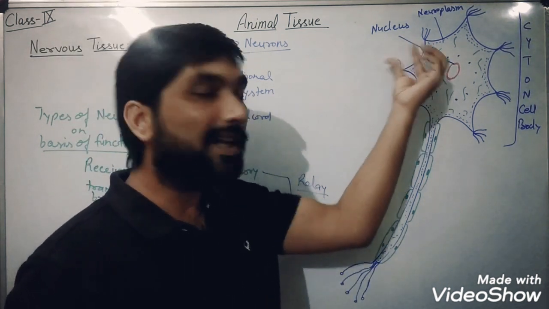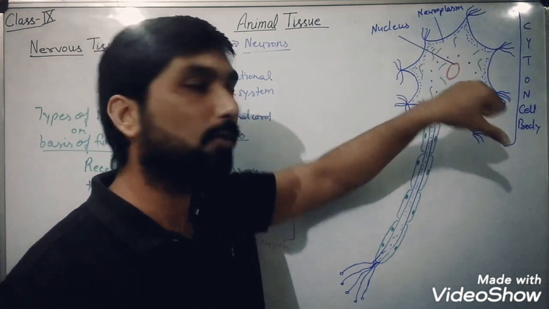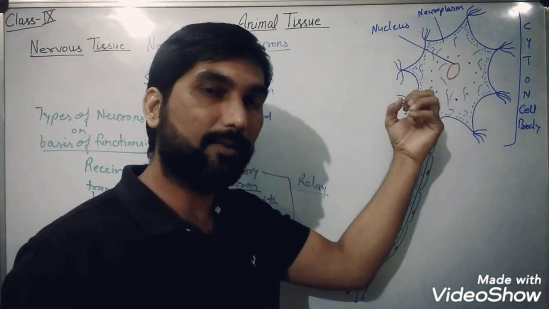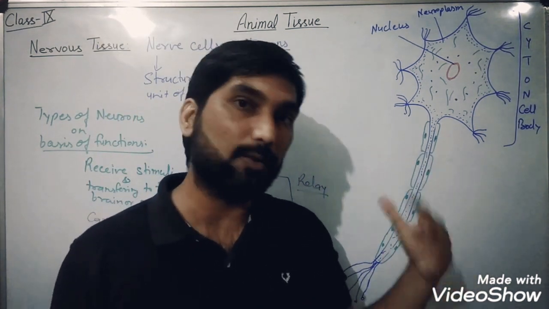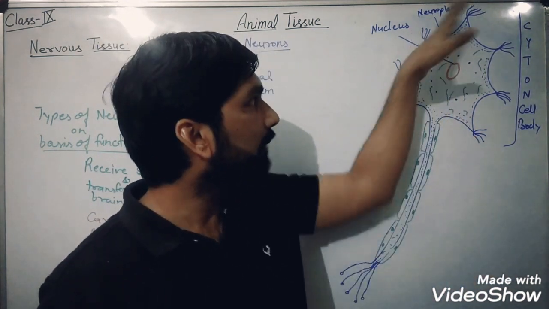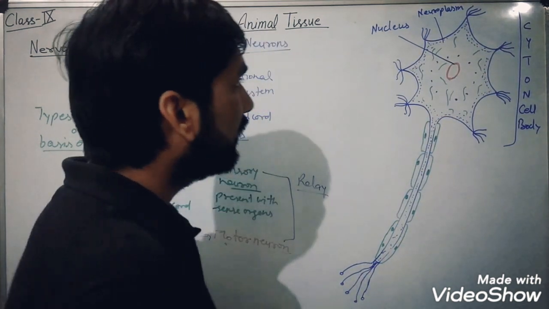And the cell membrane of this nerve cell or neuron is known as what? Neurolemma, as we have seen in the muscle cell, that was known as sarcolemma. In the same way, the membrane of the nerve cell is known as neurolemma.